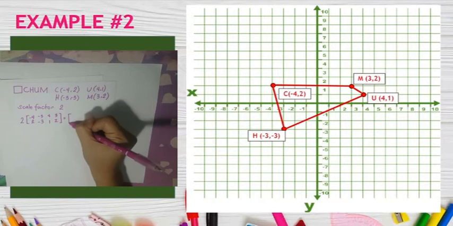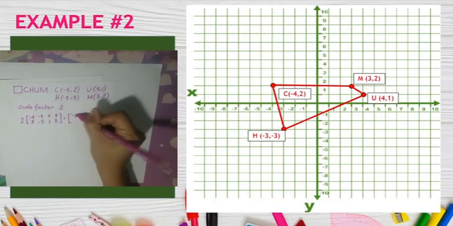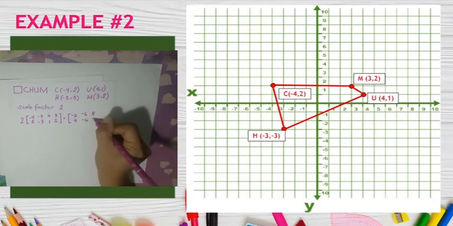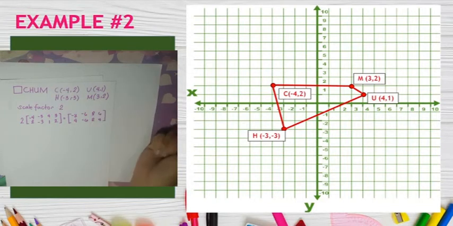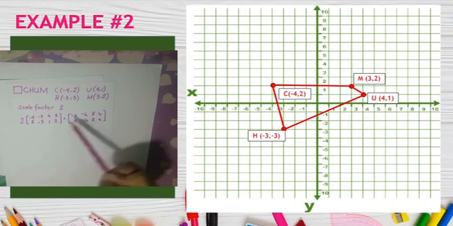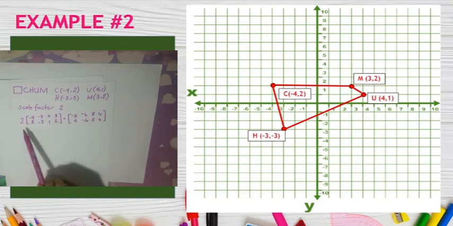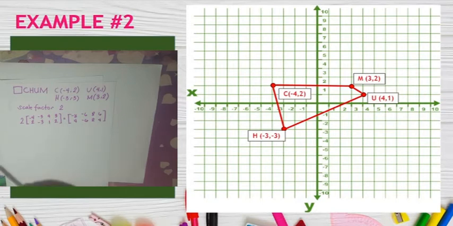So 2 times -4 is -8, and then it will be 4, -6, -6. Here comes 8, 2, 6, and 4. Okay, let's check. 8, 4, -6, -6, -8, 8, 2, 6, 4.